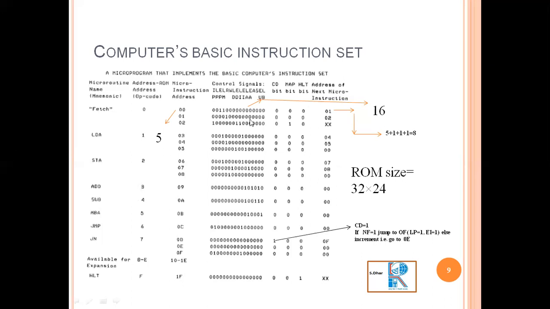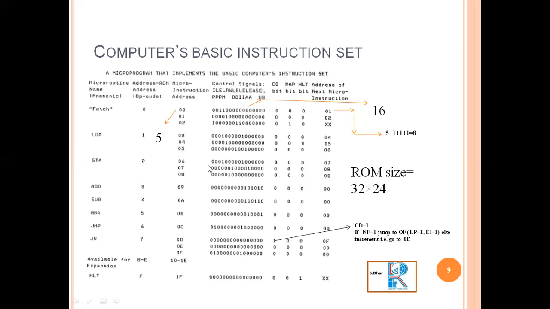First it will fetch, then it will go to the address of the store, that is 2. It will directly go to 2 and then execute 06, 07 and 08. Clear? In this way it will generate the sequence of micro instructions, because depending on the instruction, it will go to the particular address and generate the particular micro instructions.